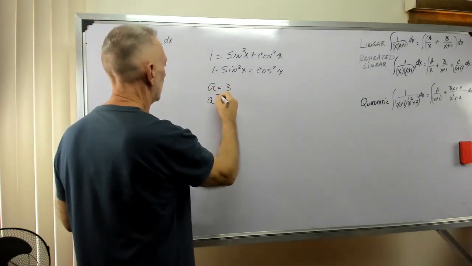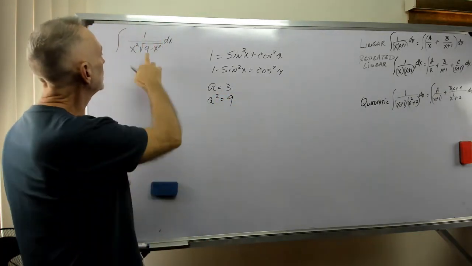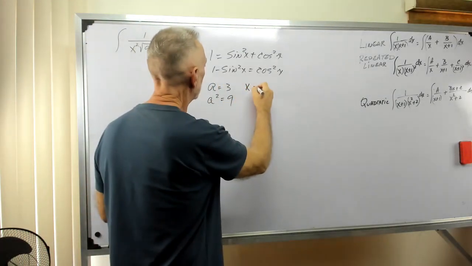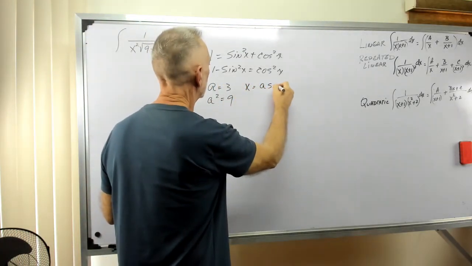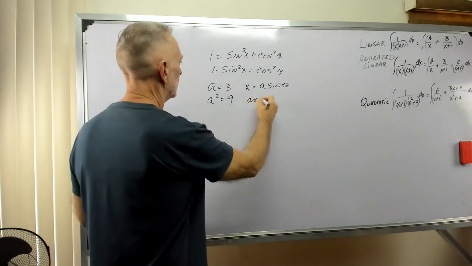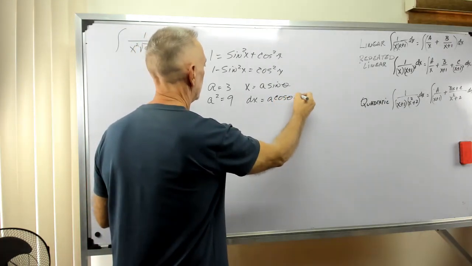Well, obviously a squared equals 9. Okay. And then if I let x equal a sine theta, dx equals a cosine theta d theta.